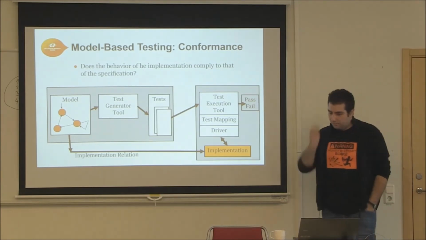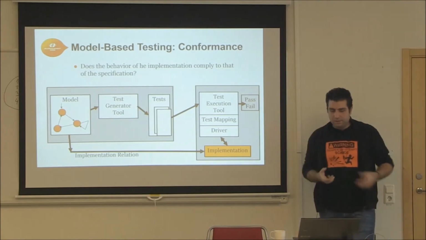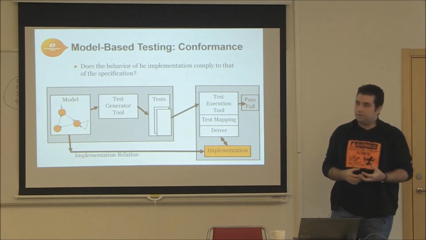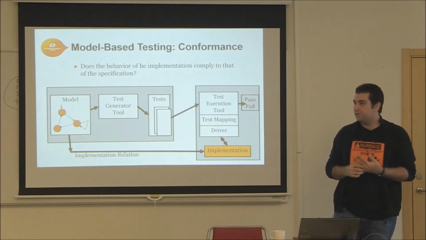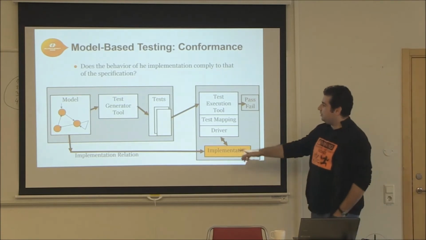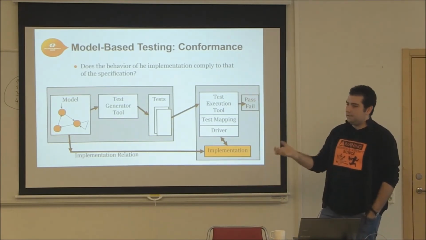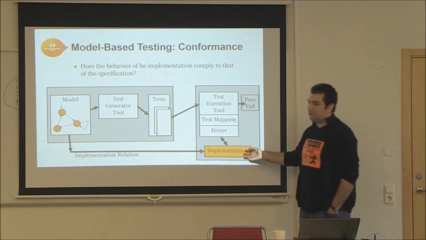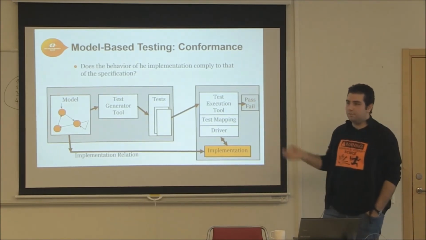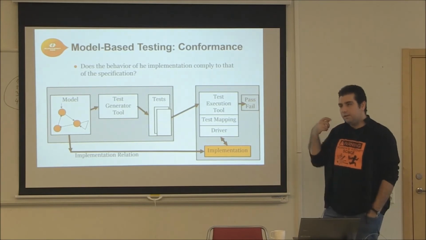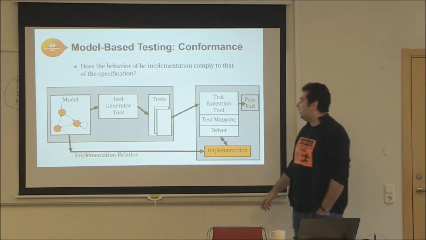And this was studied quite a lot. Basically it means that the behavior of the implementation complies to that of the specification. So if the model is as thorough as the implementation, having the same artifacts, then you get the same problems. You cannot actually generate tests that are usable.